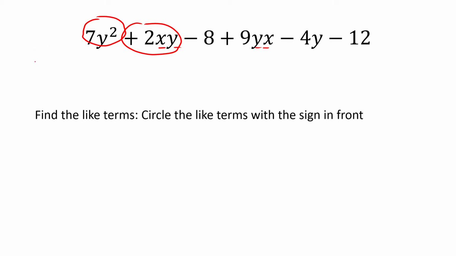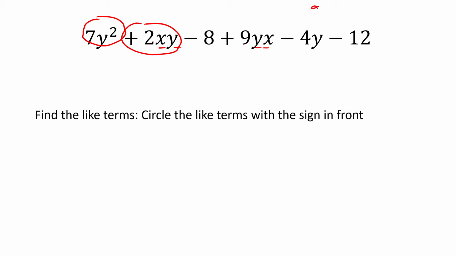Now you might be wondering, huh? They're not the same. Now my question is, do you guys remember what I told you? What is the operation between 9, y, and x? Do you guys remember the operation between y and x? It's multiplication, right? You're multiplying them.